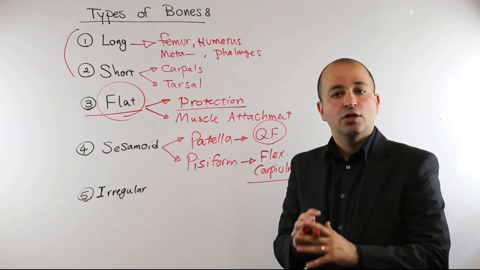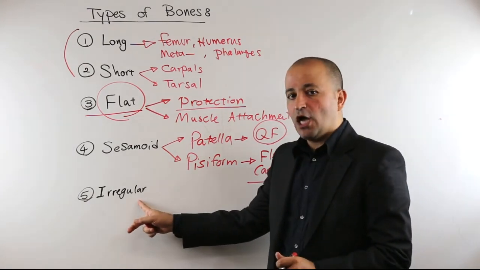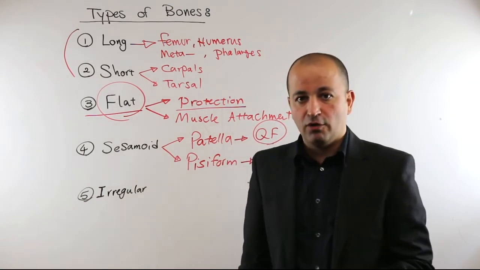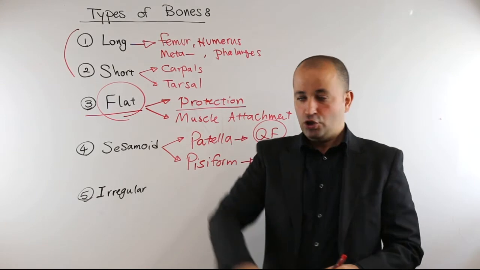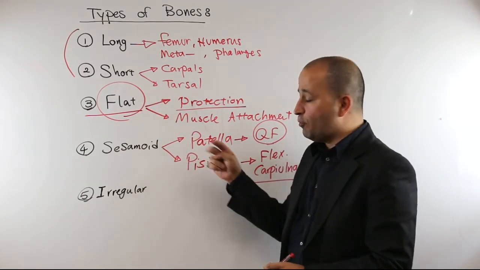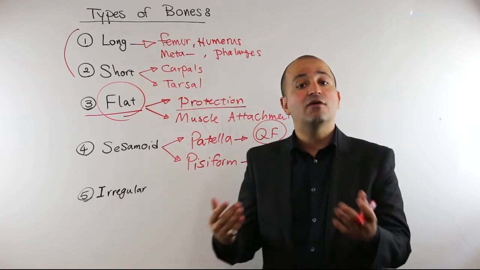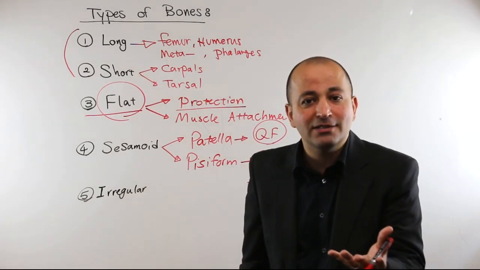Good. We're almost done with types of bones. There is one type of bone we call irregular. What is irregular? If we understand long bones, short bones, flat bones, and sesamoid, which is only 2 P's, the rest of the bones in the body are irregular. So simple.